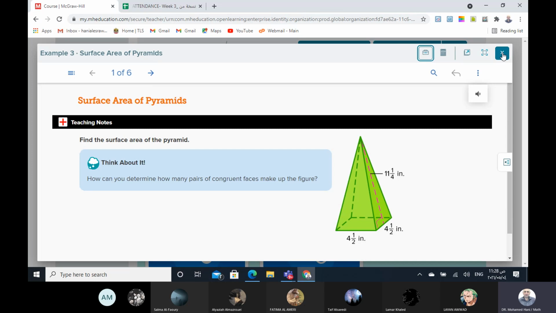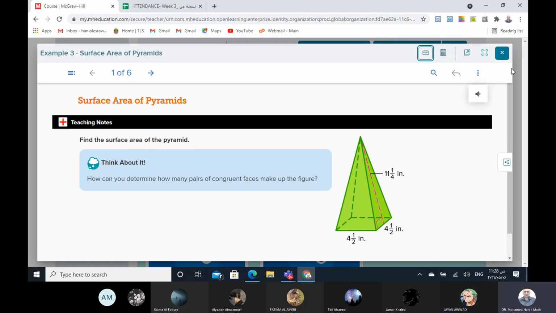Maybe the prism has two congruent bases and the pyramid just one base.